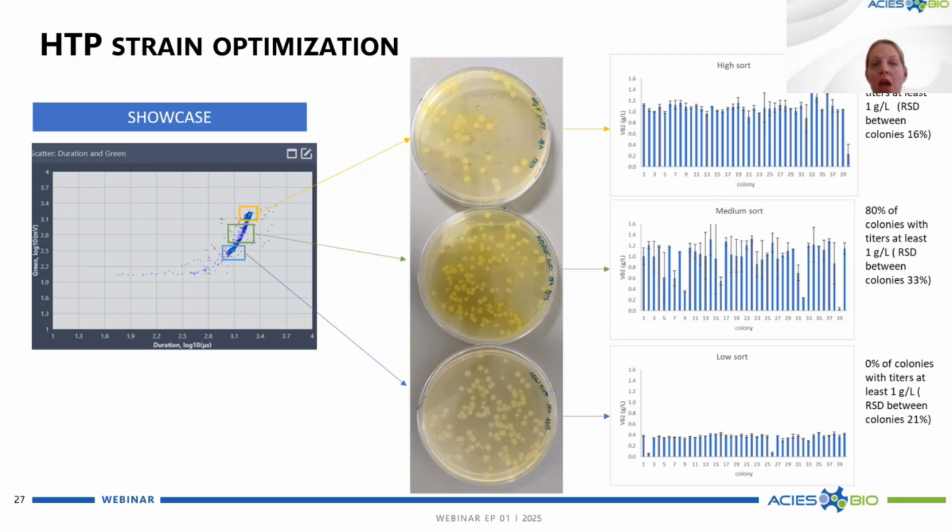They were probably poor growers and less stable than these really high fluorescence strains. With the low fluorescence sort, we got bad producers, which was also shown on shaker scale. The strains that didn't produce vitamin B2 were not even seen on this fluorescent chart.